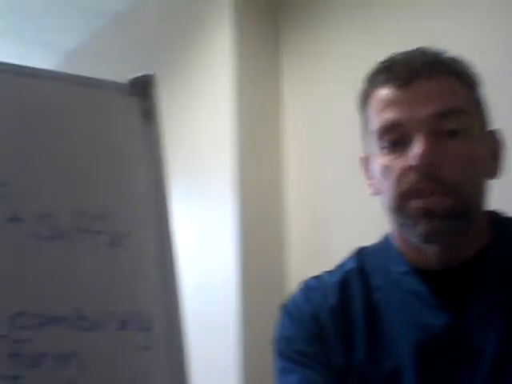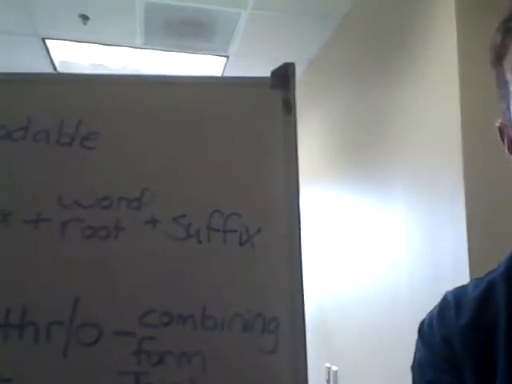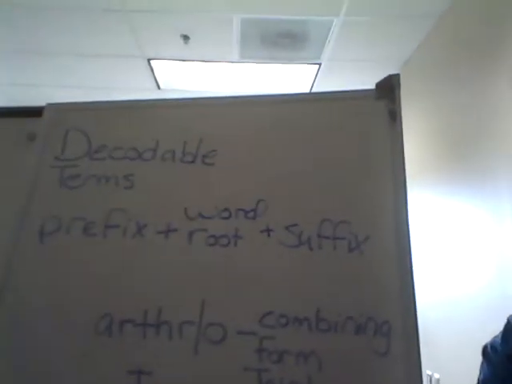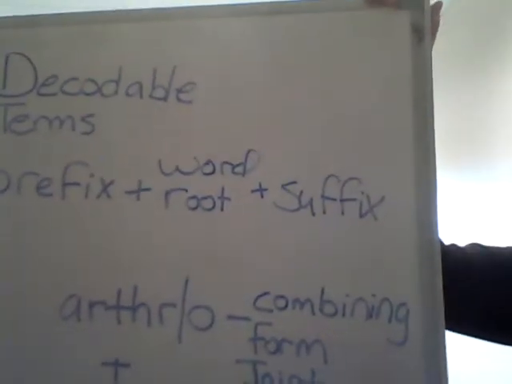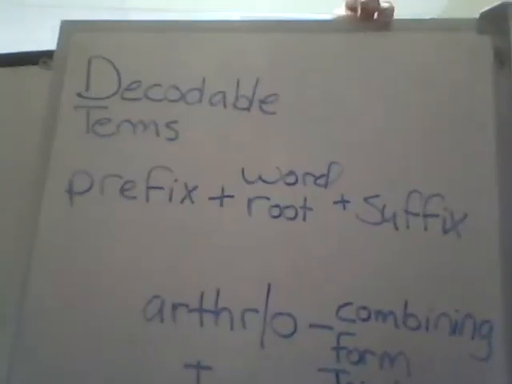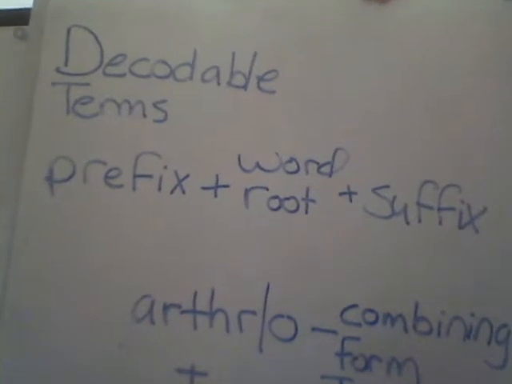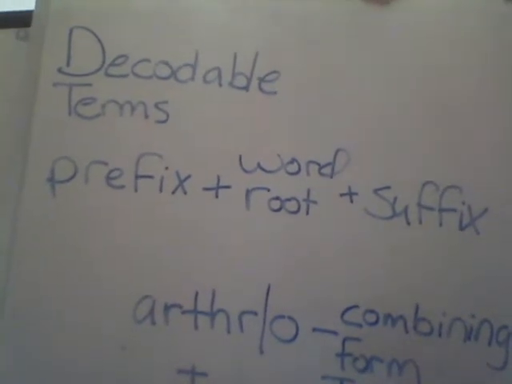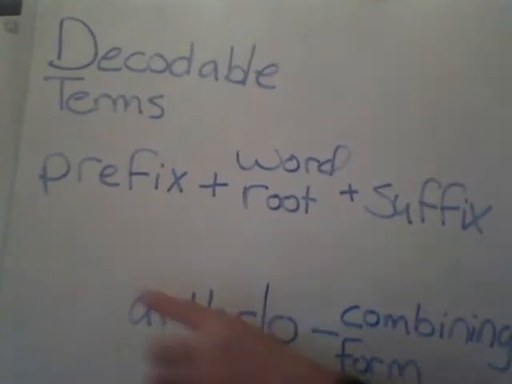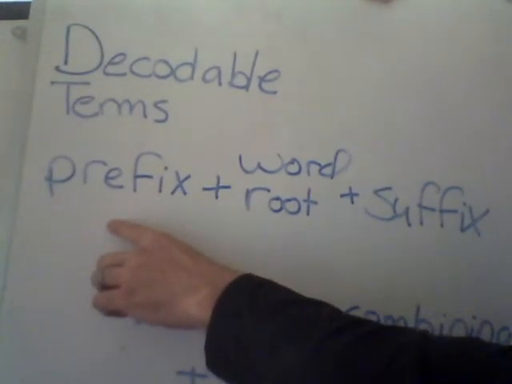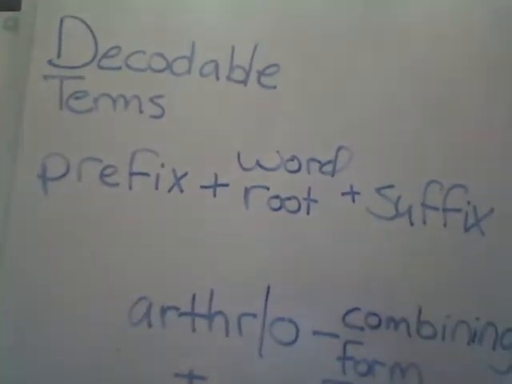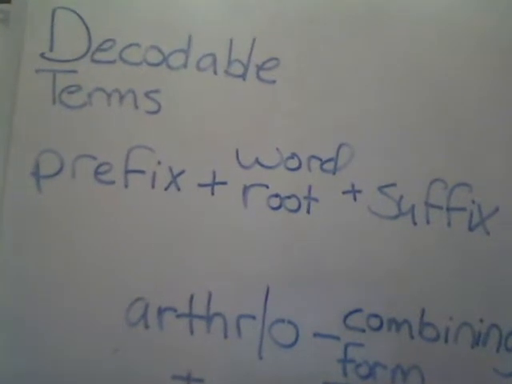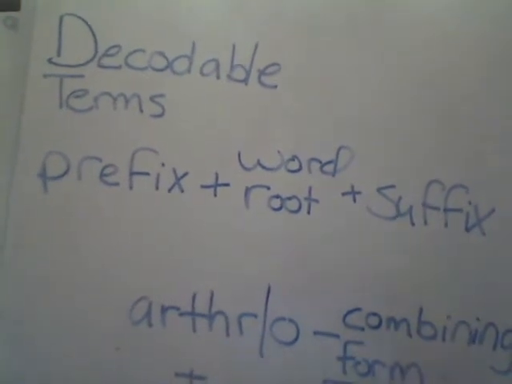And one of the first things that we have to determine when we are looking at anatomy and physiology is if a word is a decodable term or a non-decodable term. Decodable terms typically have a prefix, a word root, and then they have a suffix. For example, we have arthro.